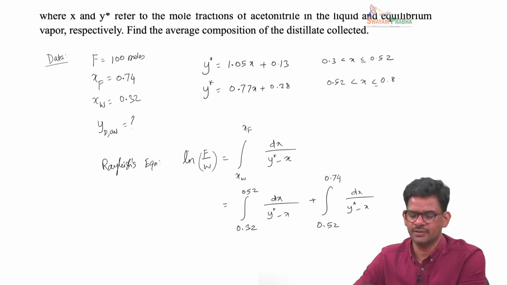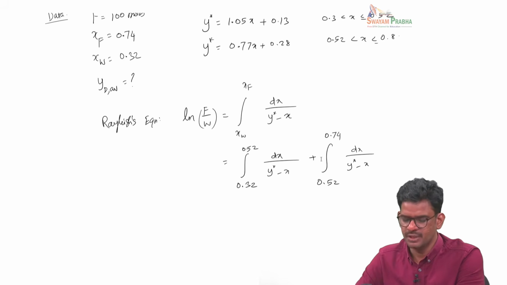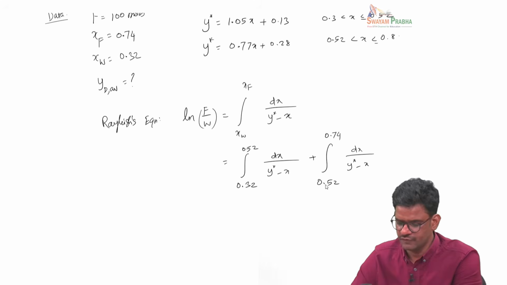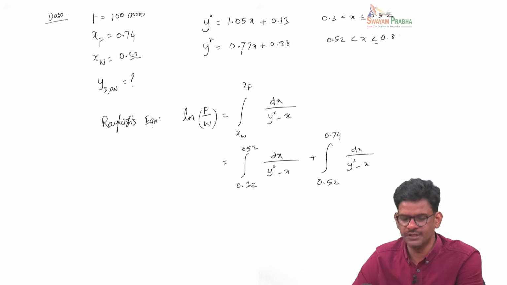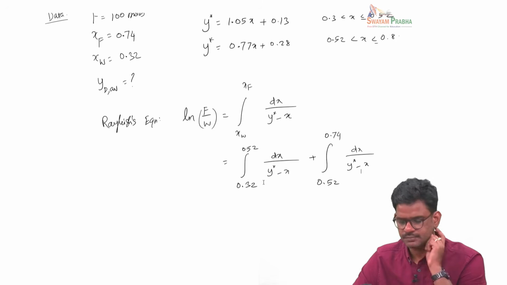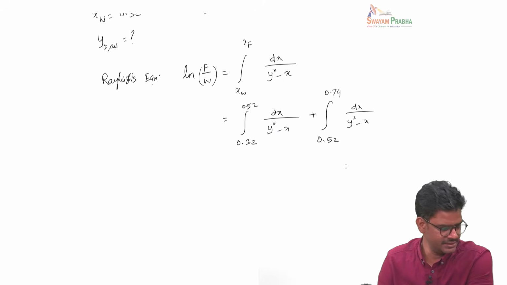The reason we split this integral into two parts is that in the range from 0.32 to 0.52 we can use the first equilibrium relationship, and for the other limit, from 0.52 to 0.74, we can use the other equilibrium relationship. And so, now we will find these integrals.